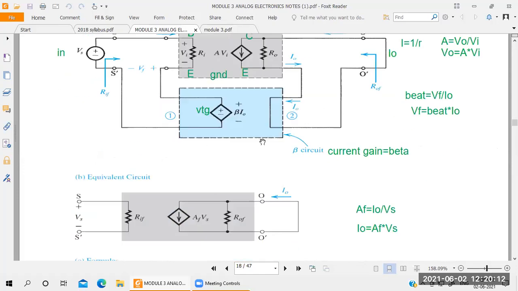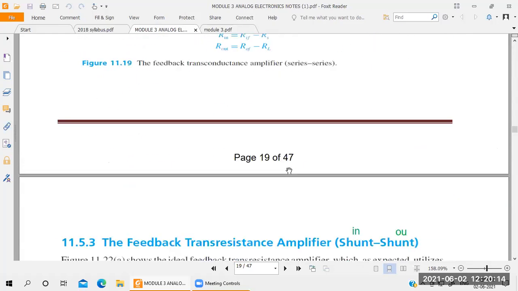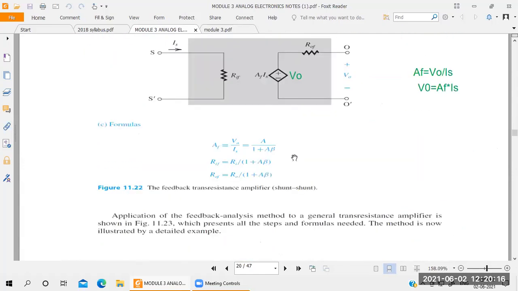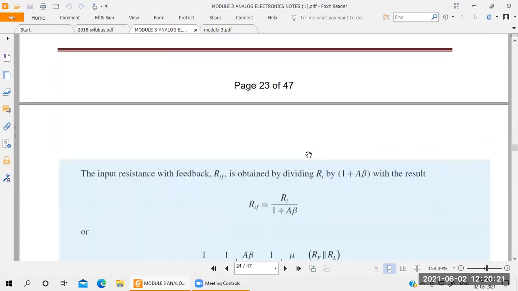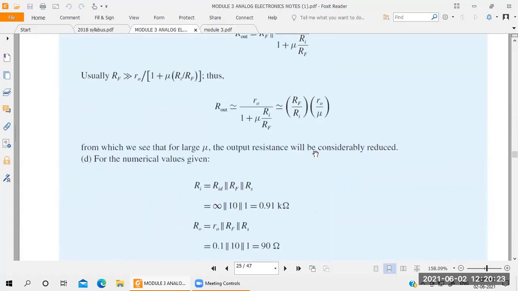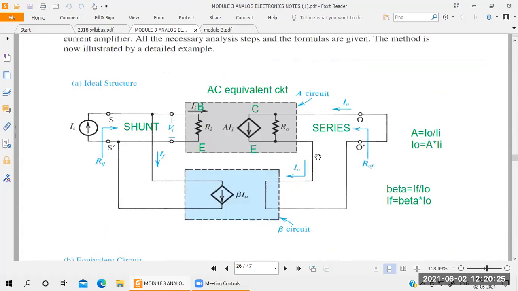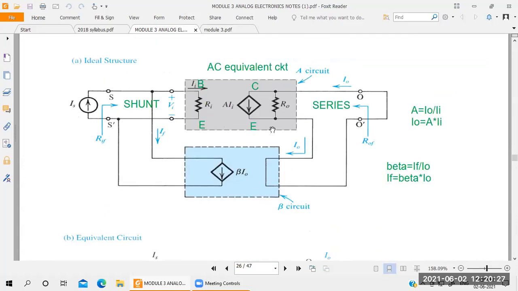This is for series, right? You take series shunt, this one. Shunt series. See here. Here there is a gray color box, right?